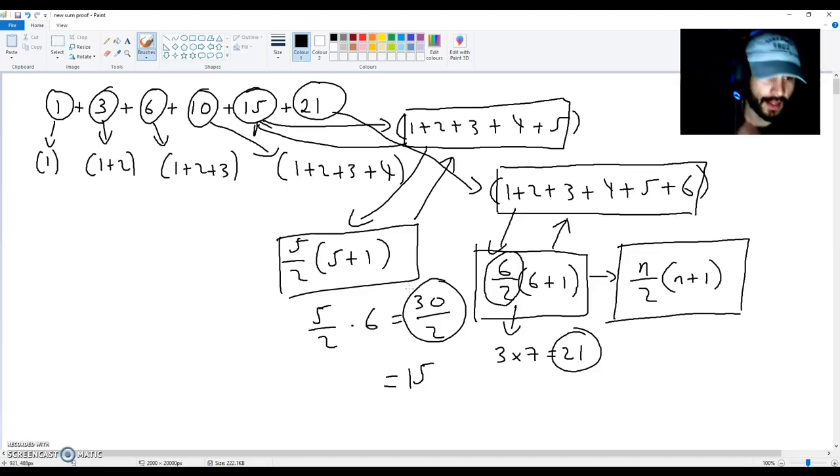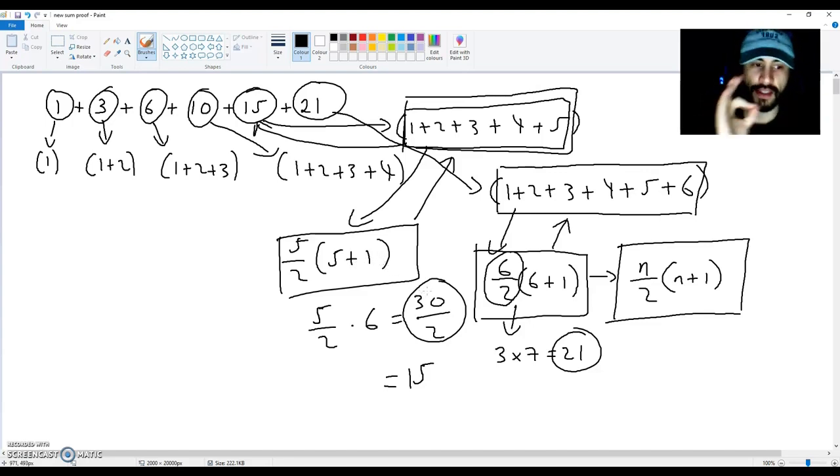The second thing you need to know is that if you have, let's say, 1 plus 2 plus 3 plus 4 plus 5, all you need to do to get the sum of all of this is go 5 over 2 times 5 plus 1.